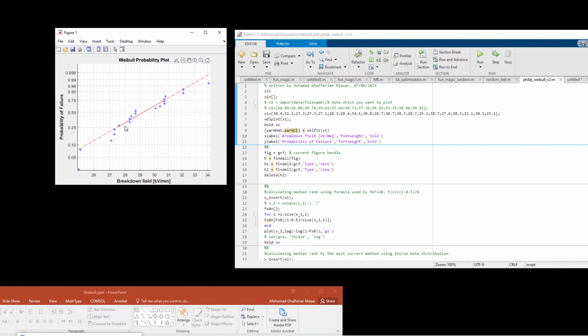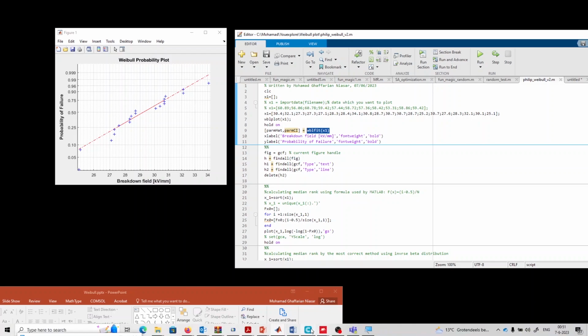The first quartile means that, for example, if we have 100 data, it takes data number 25 and connects it to the third quartile, that means data number 75. And that basically forms the line. And then it extends it. Using the slope of the line and the y-intercept, basically it can calculate the parameters of the line, as I showed here.